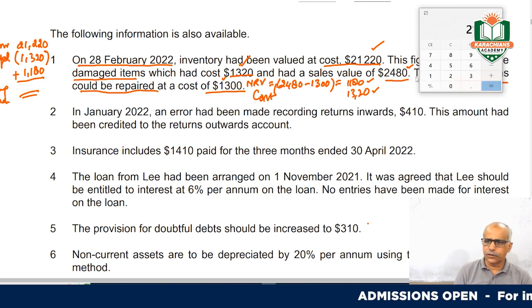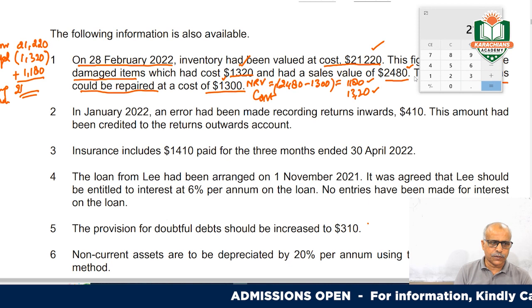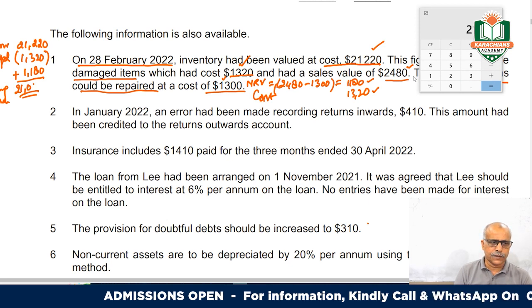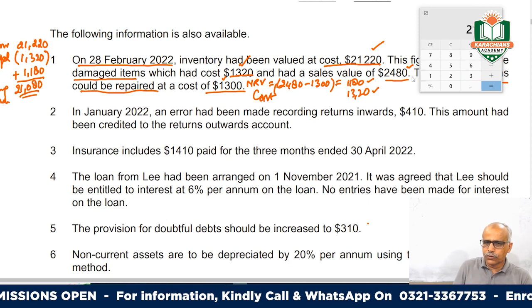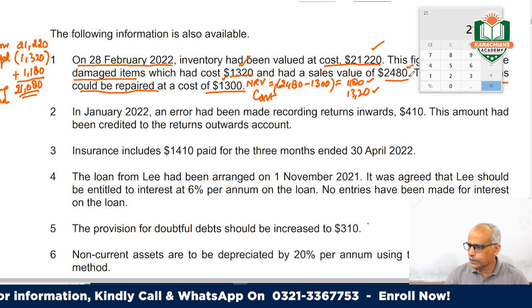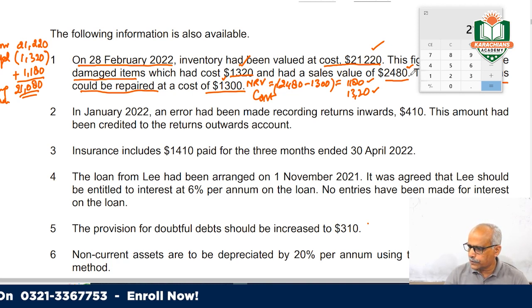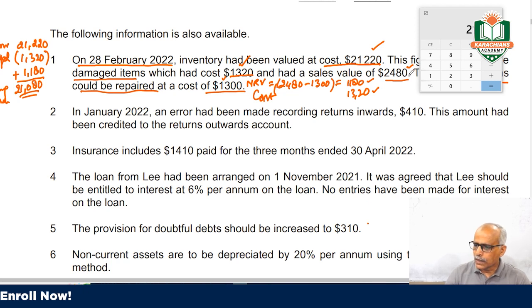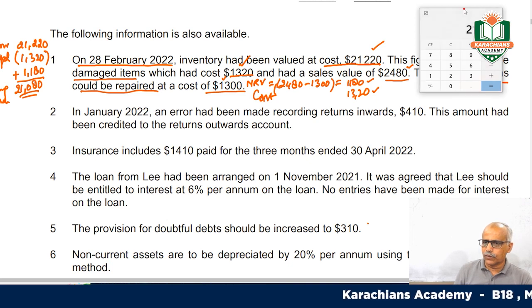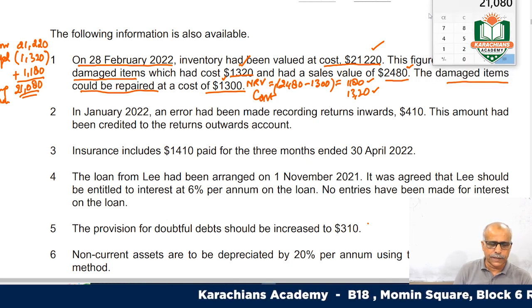So it comes to 21,080. So your corrected closing inventory is 21,080, right? Now, we have done with the working note for this item.